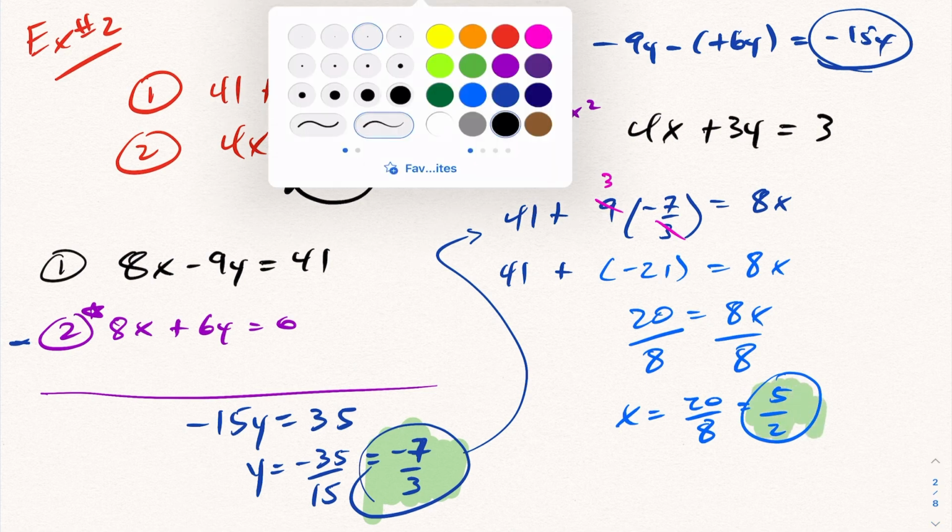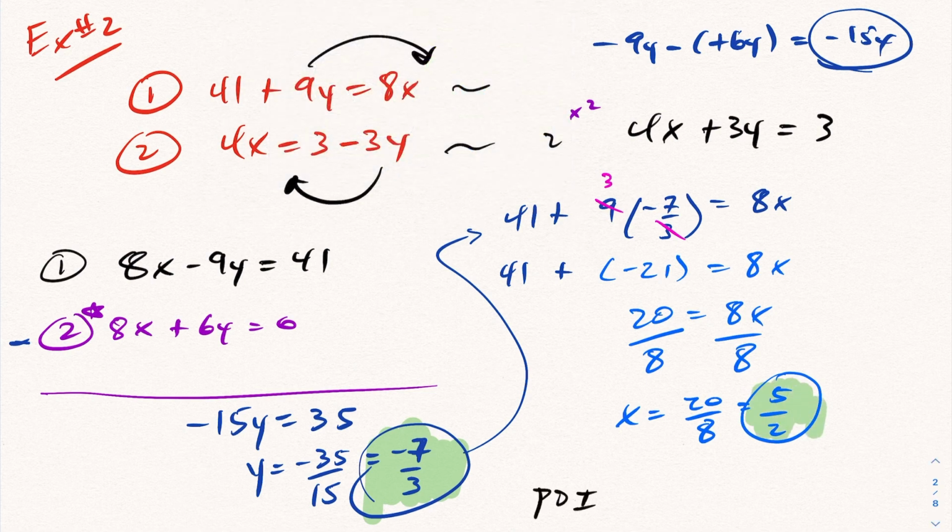So I'm getting here my point of intersection for this question is 5 over 2 and negative 7 over 3.